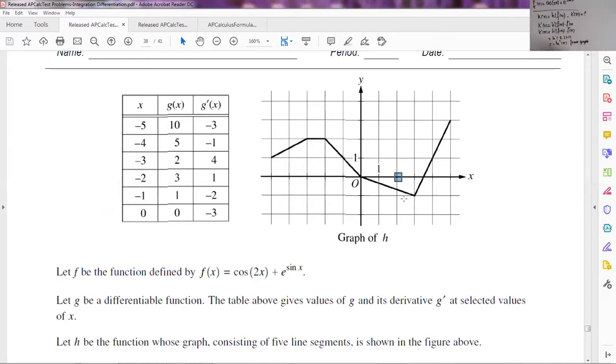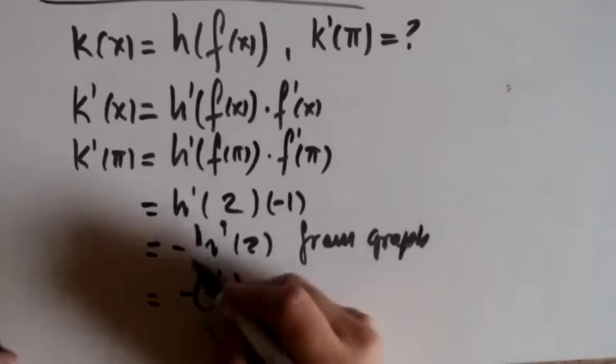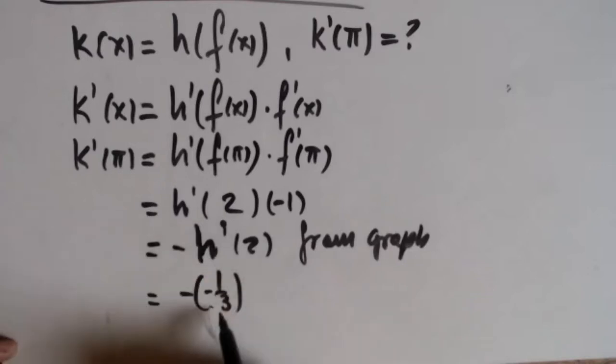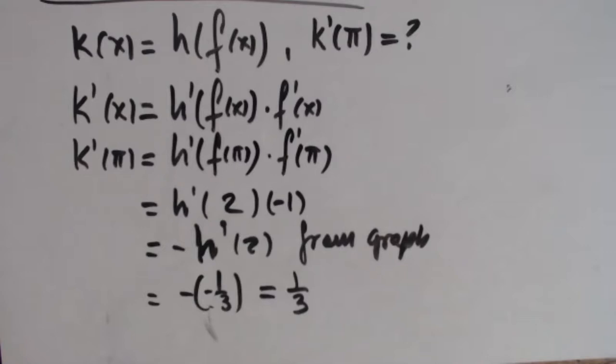So what is that slope? One-third. Positive or negative? Negative. So on my paper, I'm going to write negative, because it's negative at the front. H prime at 2 is negative 1/3, so negative times a negative is positive, that's 1/3.